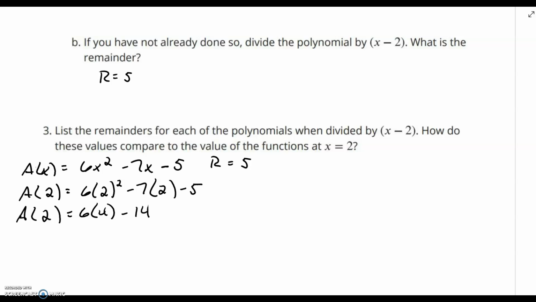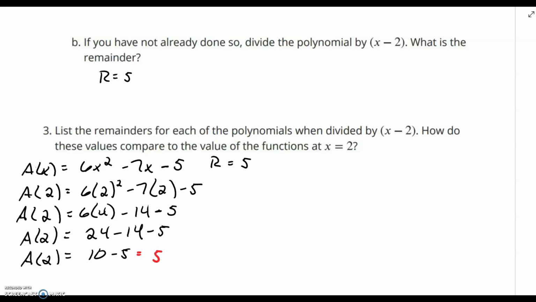This will be negative 14, negative 7 times 2, and then minus 5. 6 times 4 is 24, minus 14, minus 5. 24 minus 14 is 10, minus 5. That is equal to 5. So notice the remainder and the value of the function evaluated whenever x is equal to positive 2 is the same.